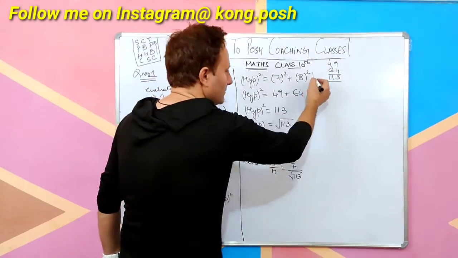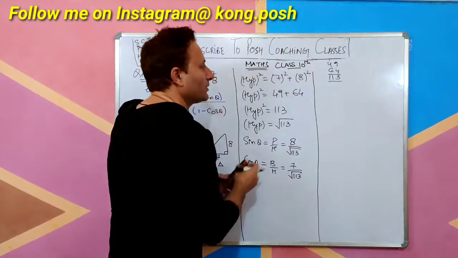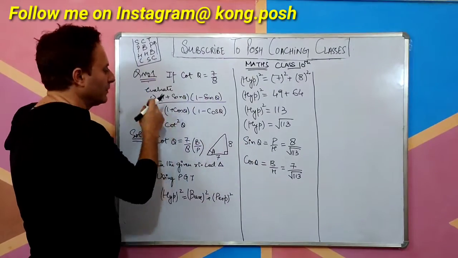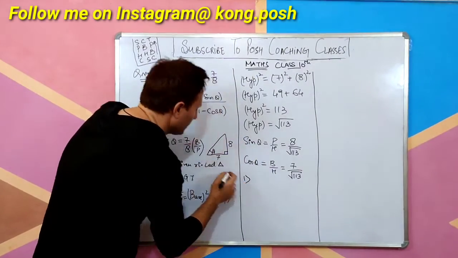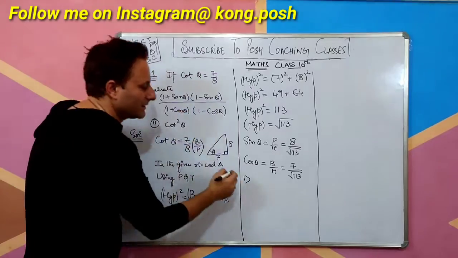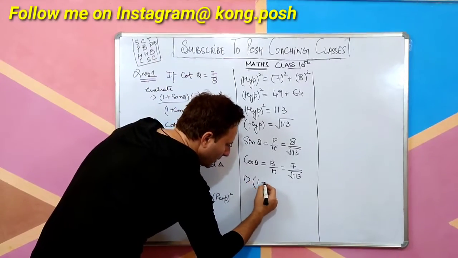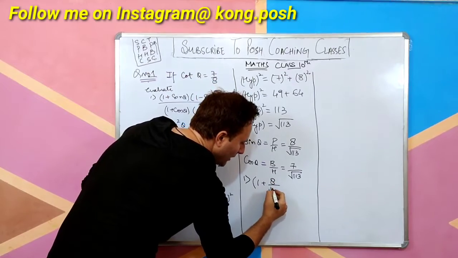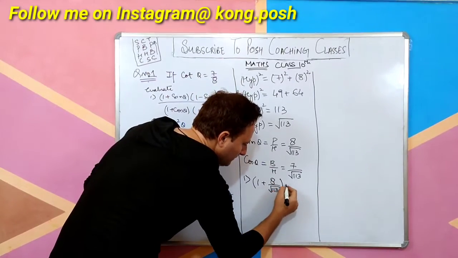What next? The next thing we are going to do is substitute these values. First of all, we take the first one. It was 1 plus sine theta, so bracket 1 plus 8 upon under root 113.